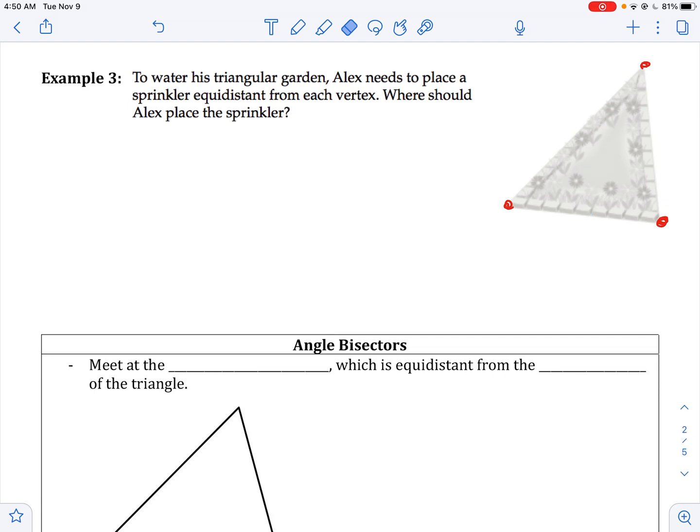Alright, so your point that is equidistant from the vertices of a triangle is your circumcenter. So I'll do my best again to just kind of eyeball this, find the midpoint, make your right angles, find the midpoint, make a right angle.